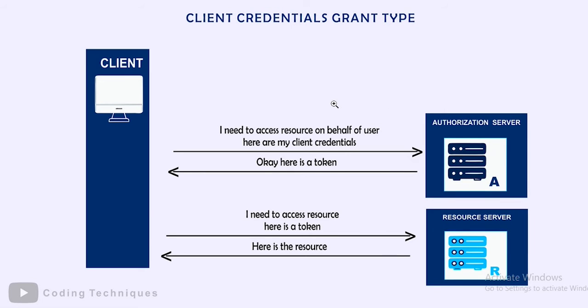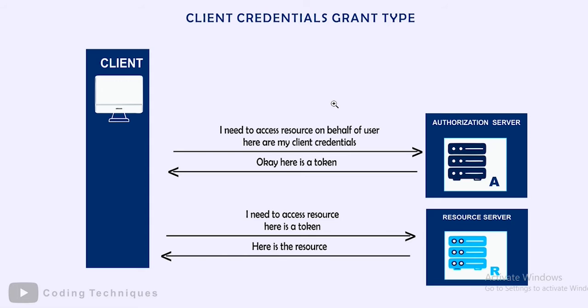We have the client credential grant type. In this case, the client accesses the resource on behalf of the user, and so we have only the client without the user. There are endpoints which the client may want to access on behalf of the user. So here, I need to access a resource on behalf of a user.